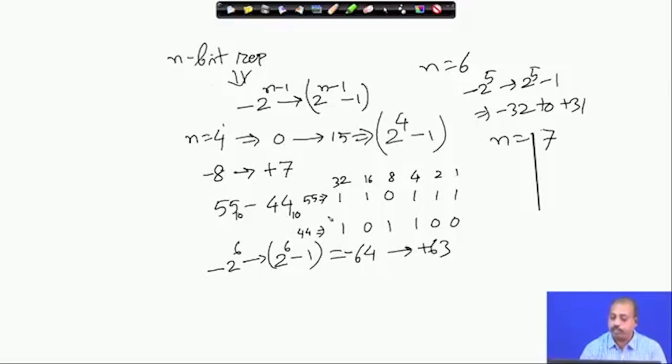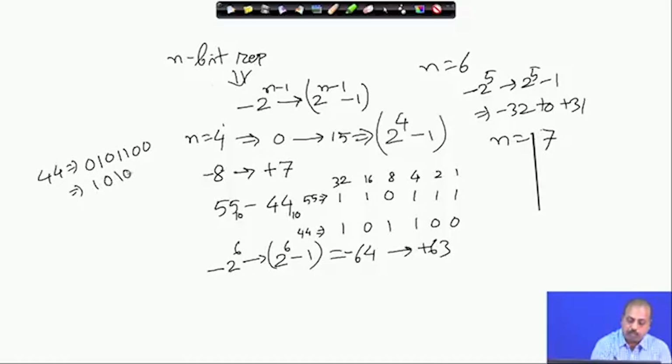If I want to represent minus 44, then first of all, plus 44 is represented as 0 1 0 1 1 0 0. I take the 1's complement. So, that becomes 1 0 1 0 0 1 1, and then I add 1 with this. So, this becomes 1 0 1 0 1 0 0.